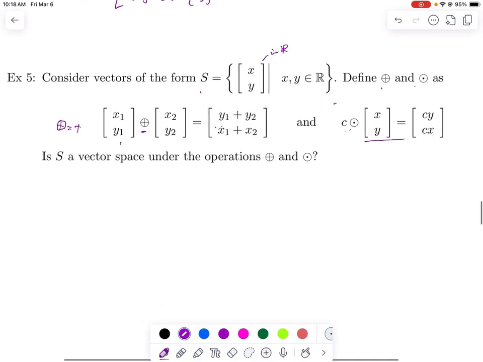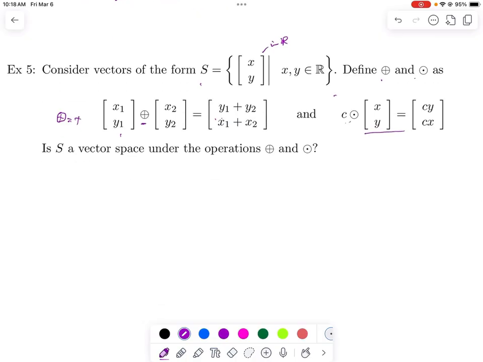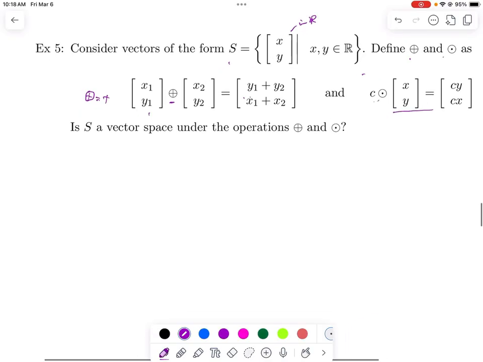I explained in class that the first 5 axioms are related to the addition operation, and the last 5 are for the scalar multiplication. So we will not do the first 5.